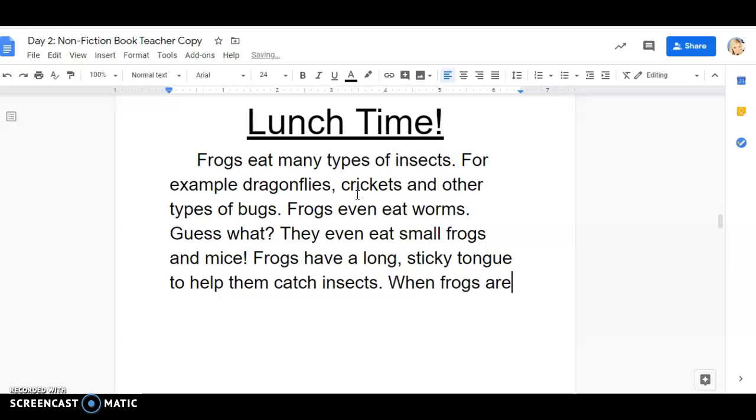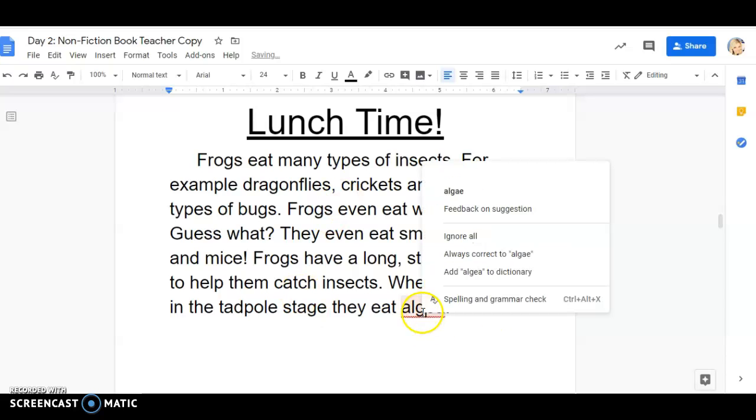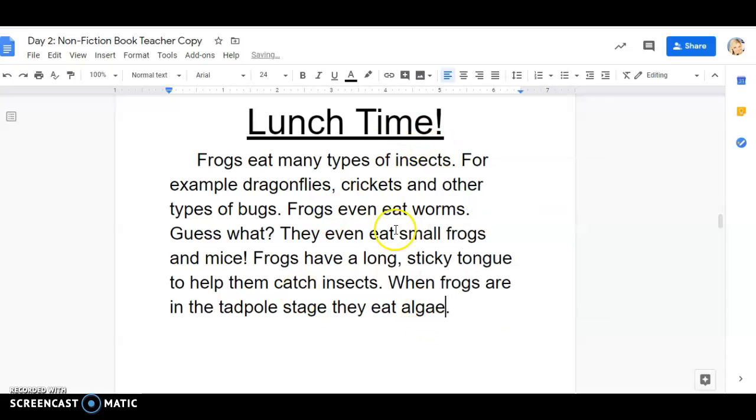When frogs are in the tadpole stage, they eat algae. Now, I'm going to make this a bold word because that might be a word someone doesn't know. And I'm going to add that to my glossary in just a few minutes.